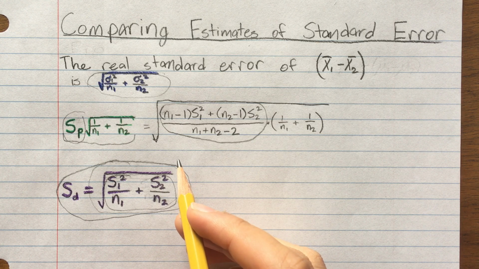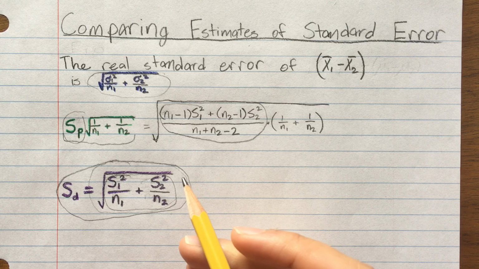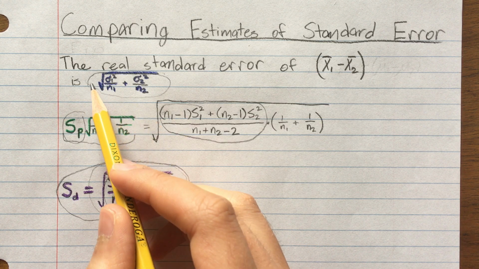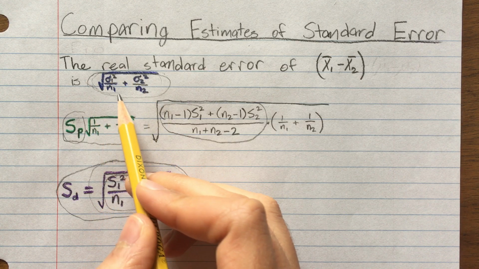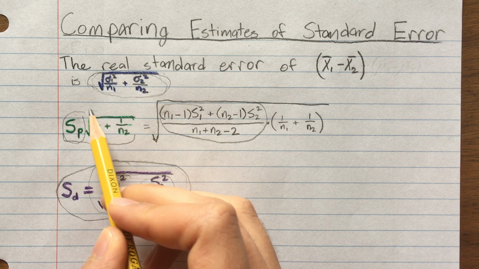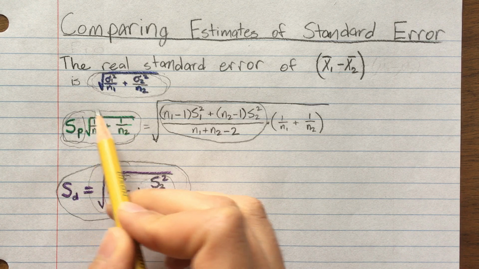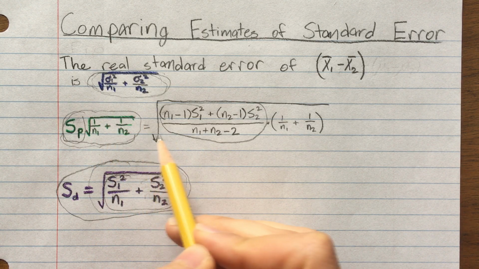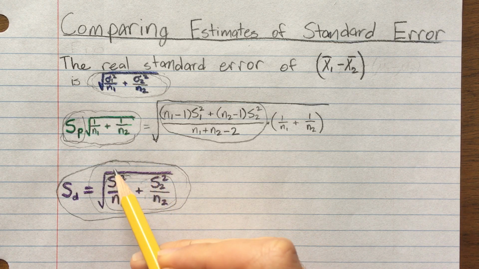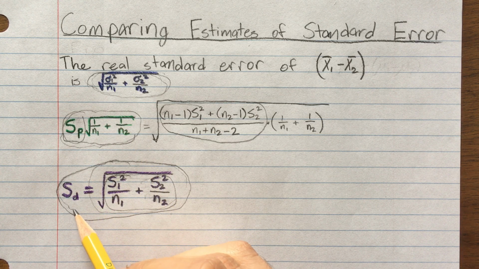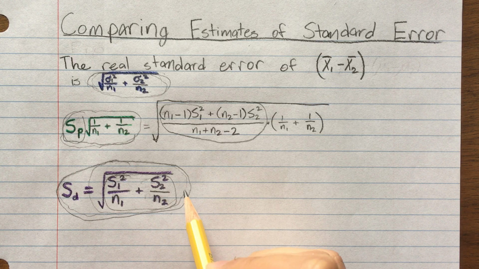Now, there's also another way of approximating the standard error. This is the real standard error which we're trying to approximate. But this method, which is called the pooled variance method, is another way of approximating the standard error. And I just wanted to show you that the way that I explained with Welch's t-test is a really good way.